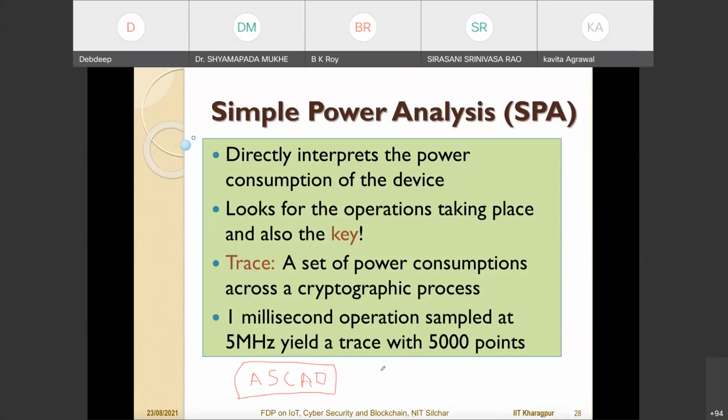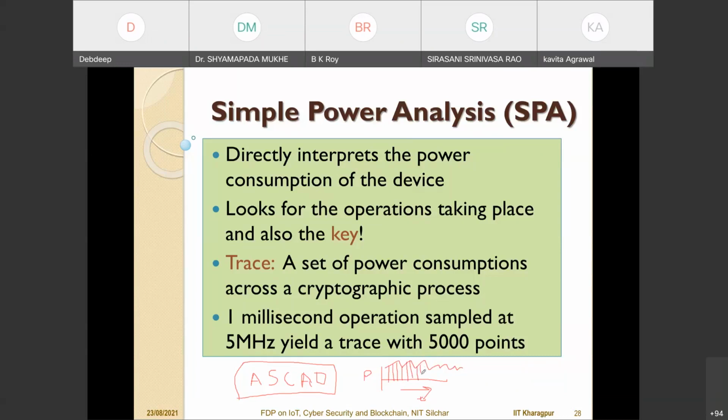Suppose this is your time domain and this axis is the power or the current. Typically when the encryption takes place, this is your power profile. But using a very good oscilloscope, you sample this power trace at a specific frequency, so it has to have a high storage capability.